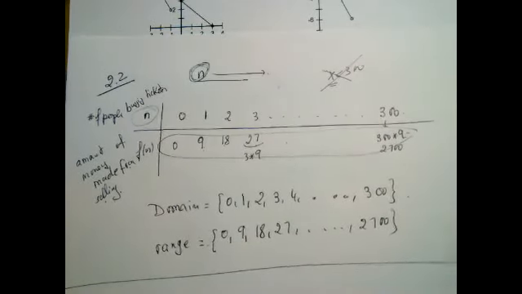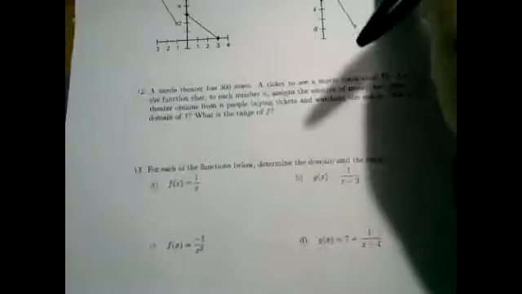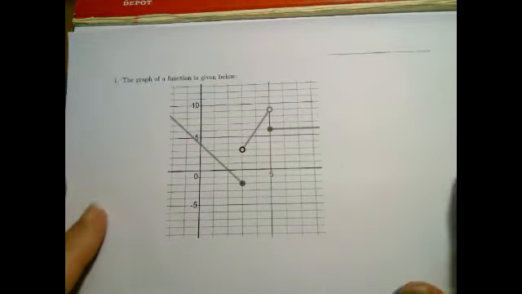Okay, so today we're going to move to section 2.3. And before I start 2.3, we have to understand clearly what those open circles, open holes and closed holes are about.